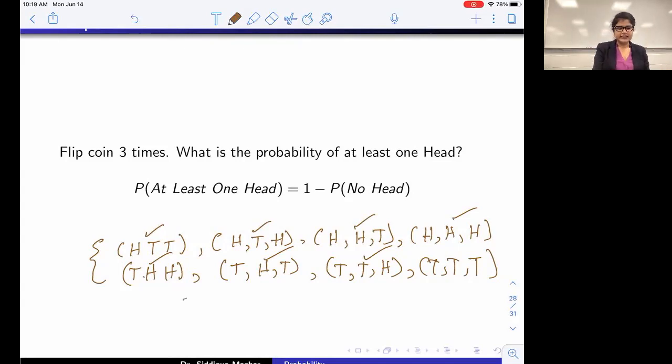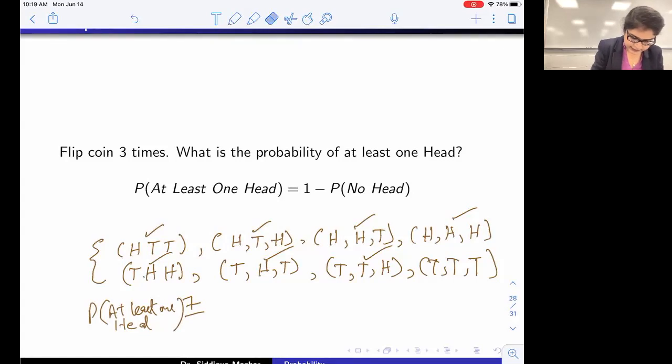So the probability of finding at least one head is 7 out of 8, because we have 8 options.